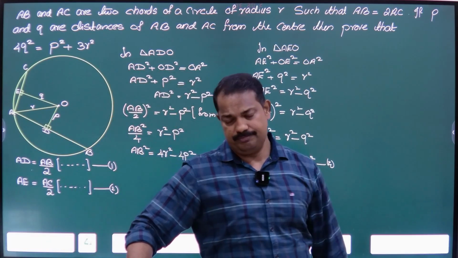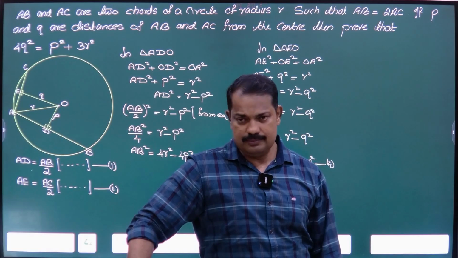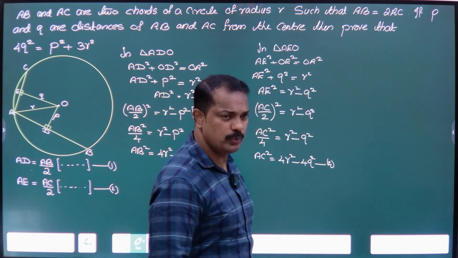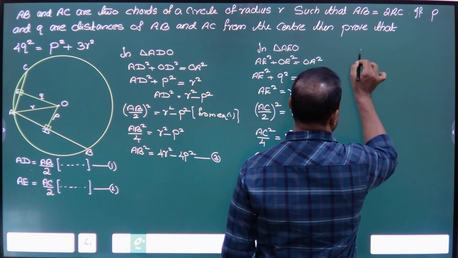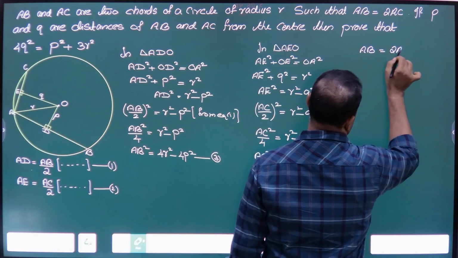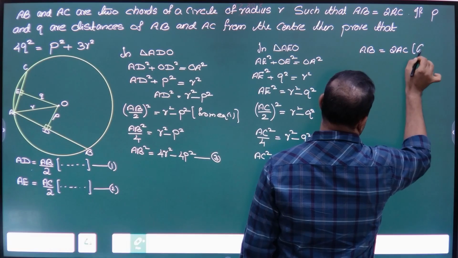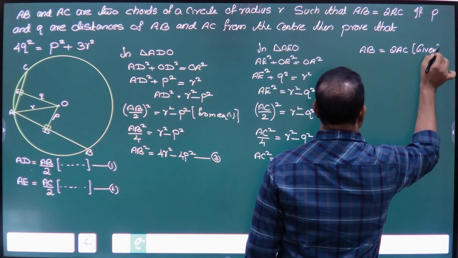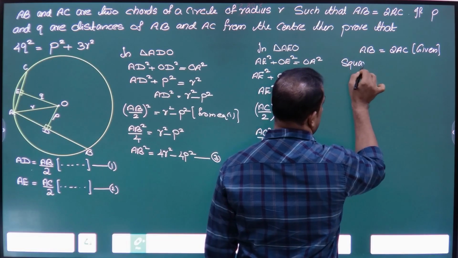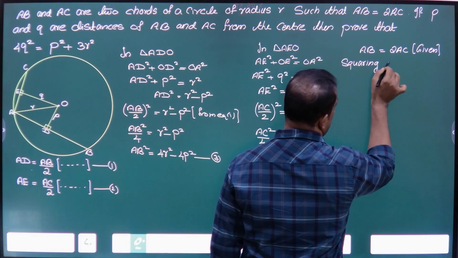Now listen. But it is given that AB is equal to 2AC. Next, squaring on both sides.